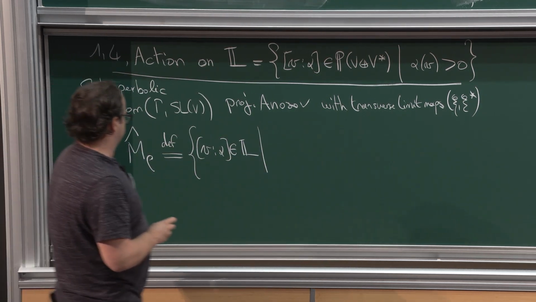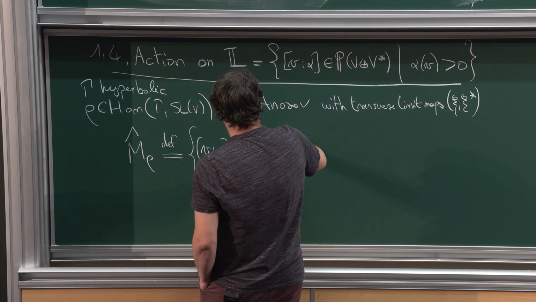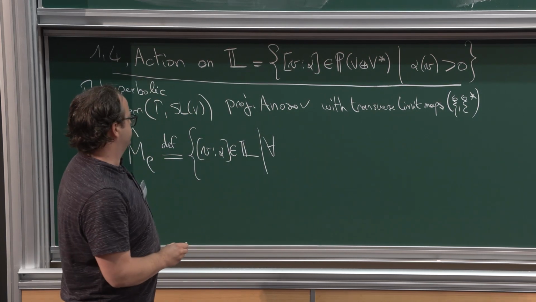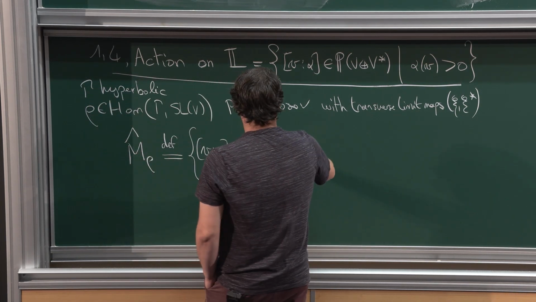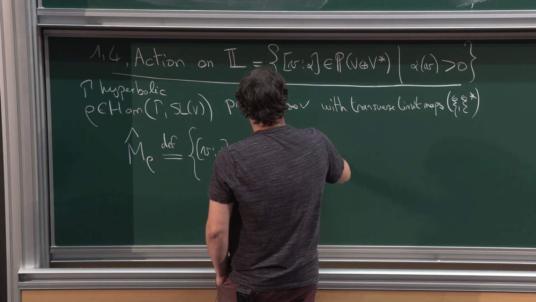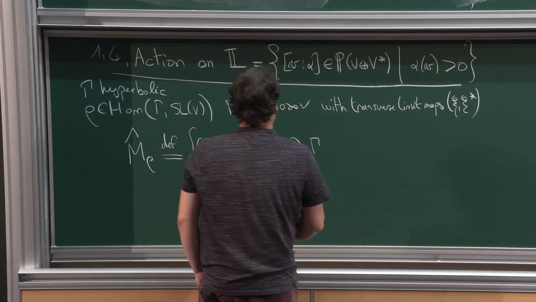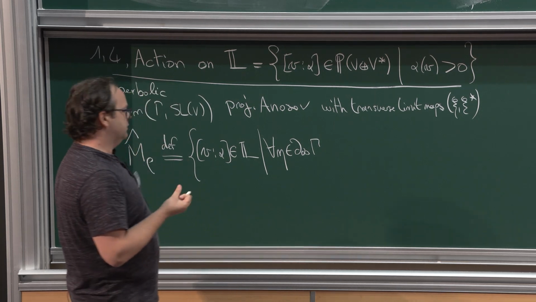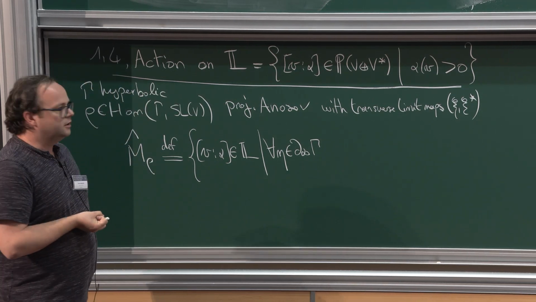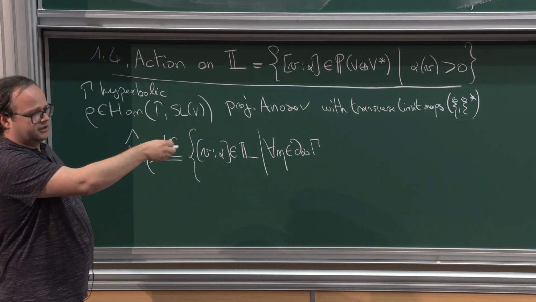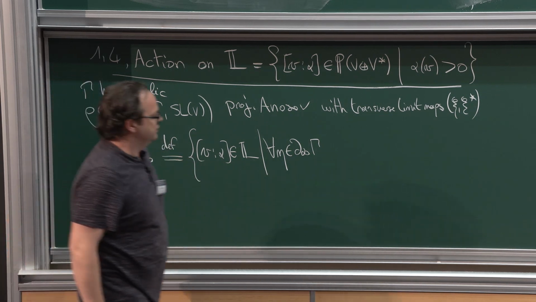And so this definition will be quite simple. It's the set of projectivizations of pairs (v, alpha) such that whenever you take some element eta in the boundary of gamma, you have at least a little bit of transversality between psi of eta, psi star of eta, and this (v, alpha).